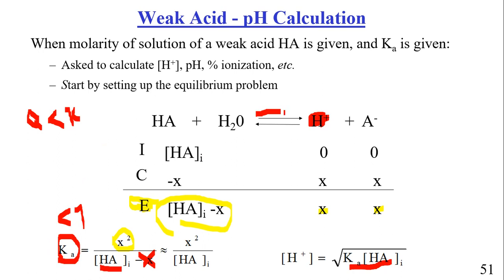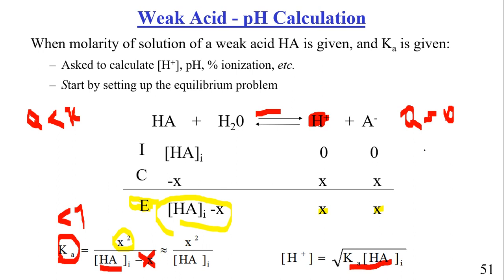What is Q in this case? Initially, if I start off with only HA, well, Q would be the products divided by the reactants at initial. Well, if the product is 0, then Q would be 0. So what do I have to do? If Q is 0, of course, no matter how small K is, it's still larger than 0.